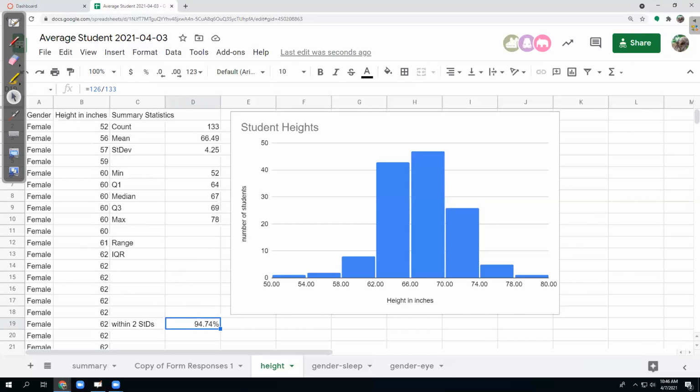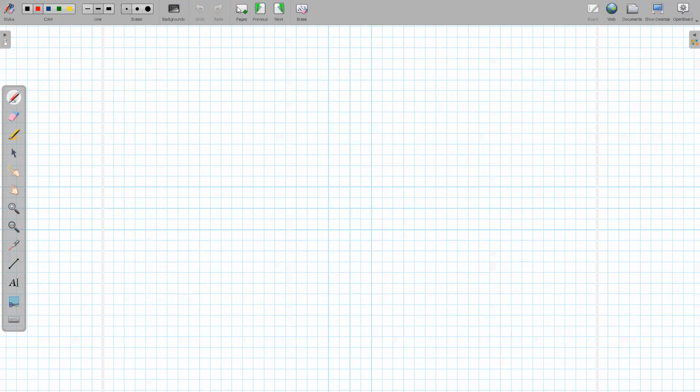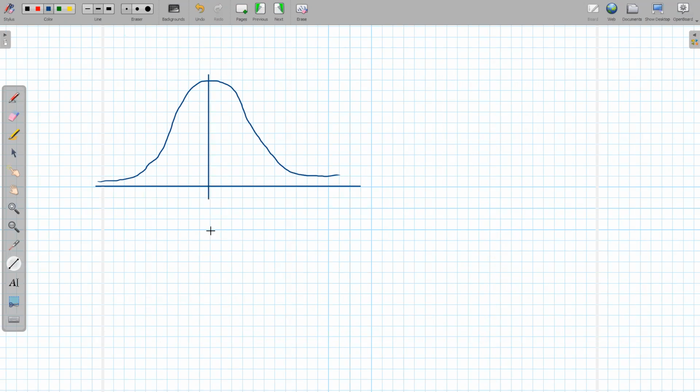So I'm just going to summarize this in another picture. I'm going to smooth out this histogram a little bit and make a rough sketch down here. My histogram was roughly bell-shaped and kind of sort of symmetric. And in the middle of a histogram, we should find the mean. It's roughly in the middle, so that's my middle here. That's my X bar.